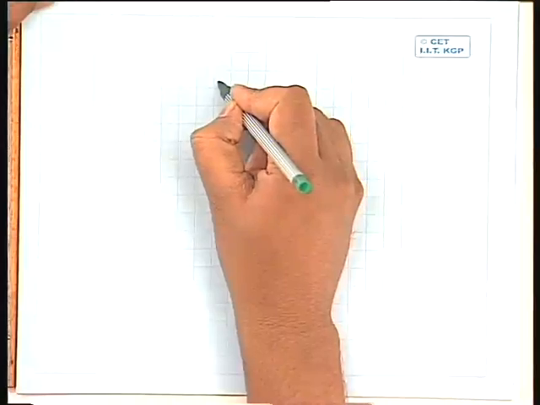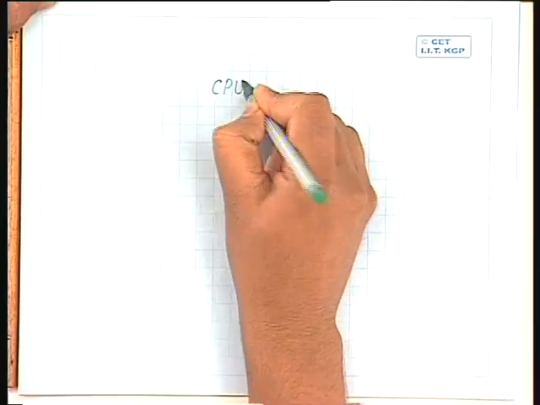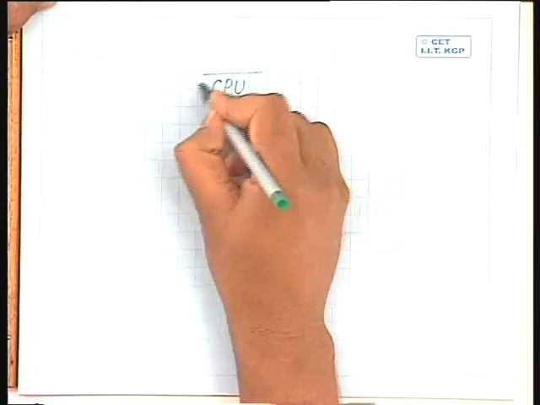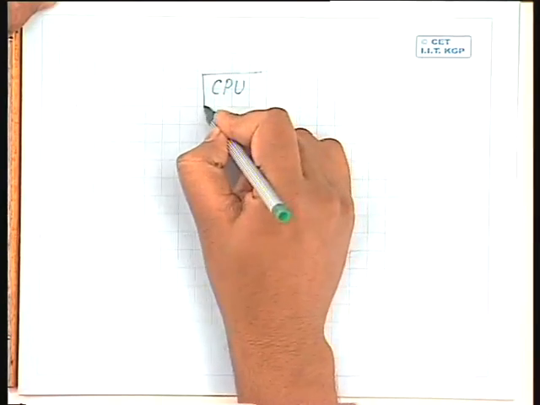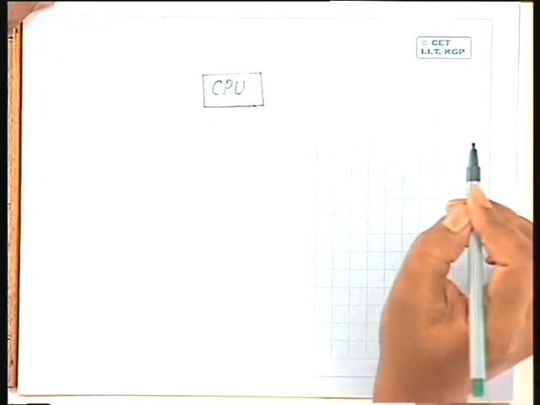Now the memory organization is something like this. I can say that at the topmost level we have the CPU. This CPU has to interact with the memory for getting the instructions as well as data.